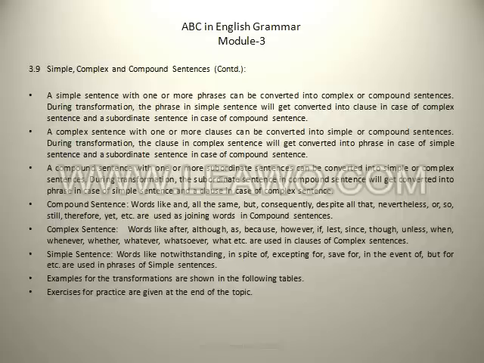Words like after, although, as, because, however, if, lest, since, though, unless, when, whenever, whether, whatever, whatsoever, what, etc. are used in clauses of complex sentences. Simple sentence. Words like notwithstanding, in spite of, excepting for, save for, in the event of, but for, etc. are used in phrases of simple sentences.